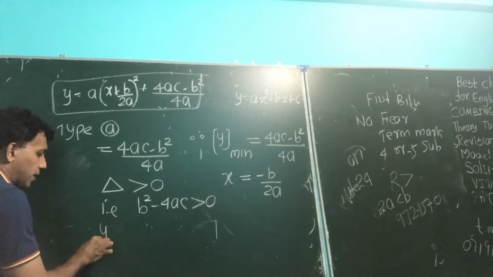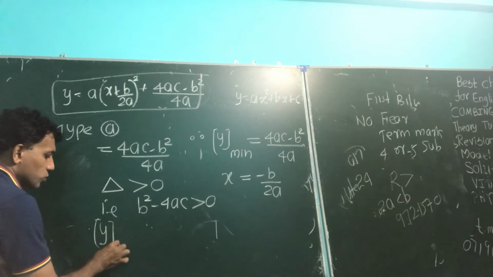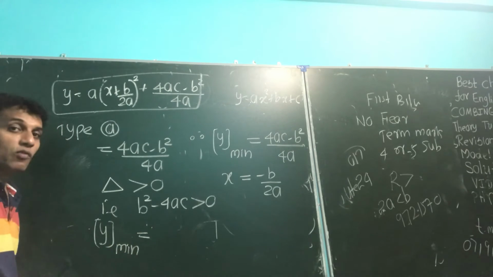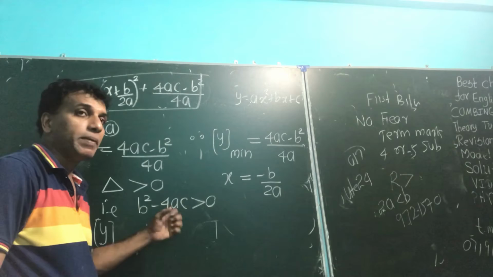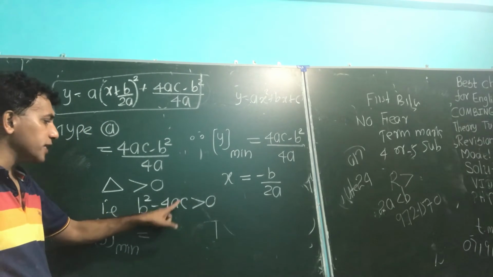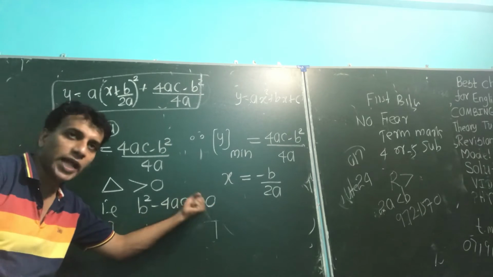So see what happened to the y minimum when delta becomes positive. B square minus 4ac is a positive value, more than 0.